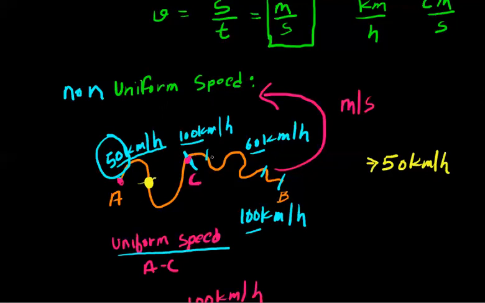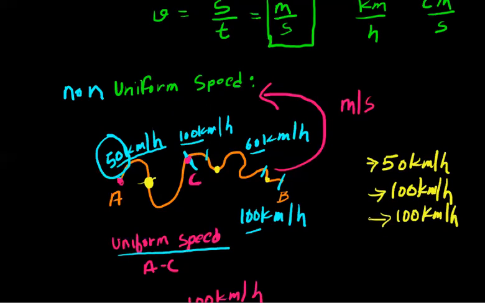If I measure the speed at the second point, the speed will come as 100 kilometers per hour. So the speed at this instance is 100 kilometers per hour. If I measure the speed at the last point, it will also be 100 kilometers per hour. So all these are examples of instantaneous speed.